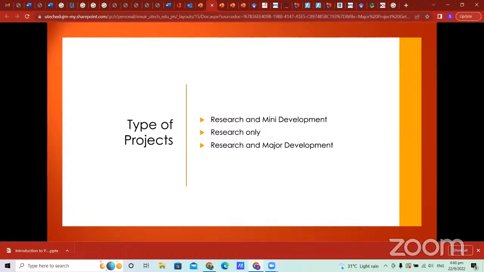Versus the mini development, you can just do a working prototype, and you don't have all of the back end. So for the mini, you have a list of requirements, you design everything, you implement some of the basic core of the project, and have a minimum viable product. But with the major, it is fully developed.